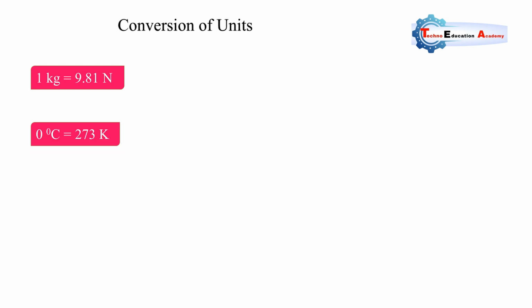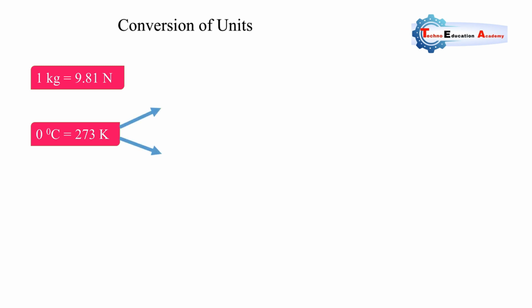Sometimes in examples the temperature value is given in degree Celsius. Temperature is the sense of hotness or coldness of a body, and if it is given in degree Celsius, then we need to convert into Kelvin. So 0 degree Celsius equals 273 Kelvin.